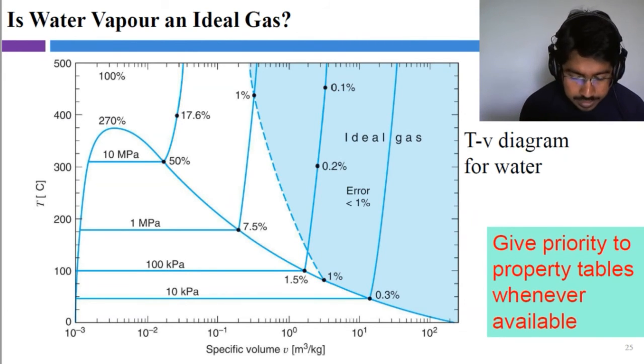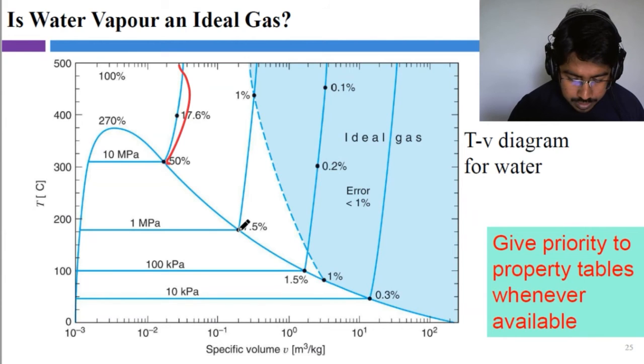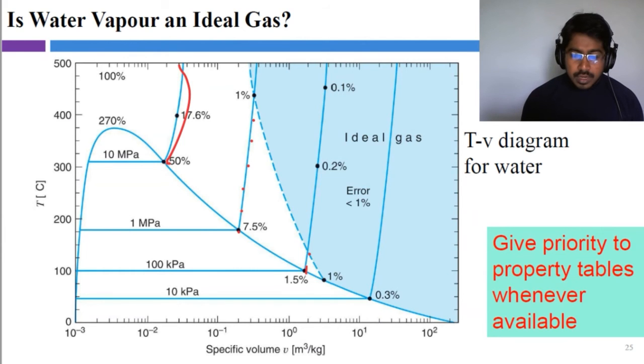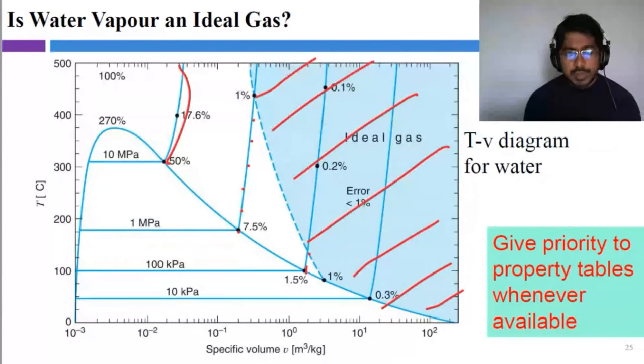In these regions, you can see the lines are curved, right? And in these regions, they don't recommend using it either. But after reaching a certain temperature, and even if the temperature is not very high but the pressure is very low, in the blue colored region, they say that water vapor can also behave as an ideal gas.